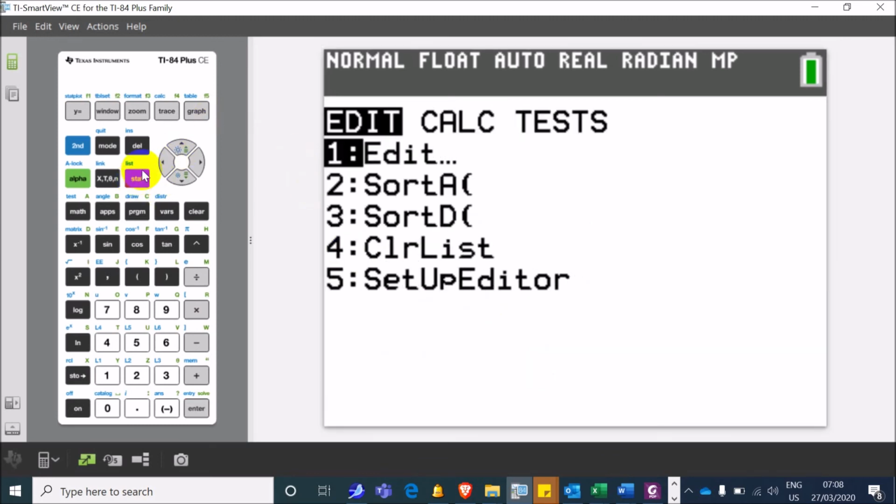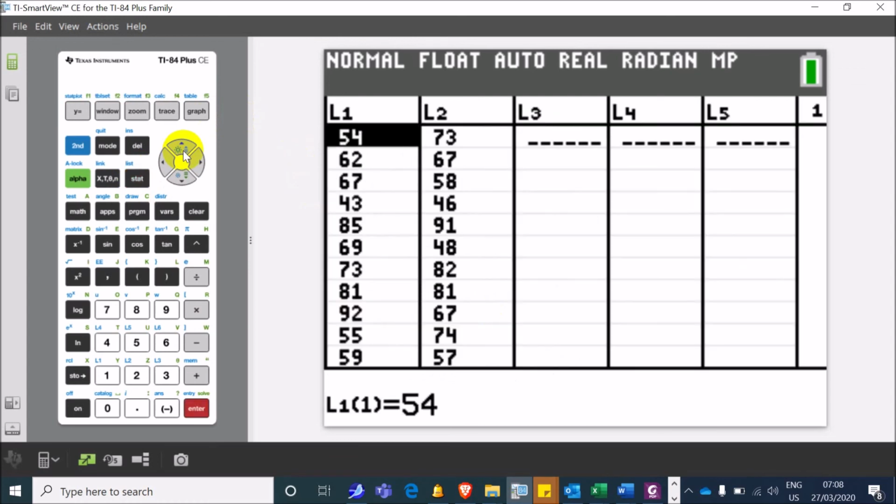So again, let me repeat. Put your data under Stat, Edit. So put them here, the two sets. Those are the two sets you're comparing. Both of them have to be a normal distribution, or at least very close to a normal distribution.